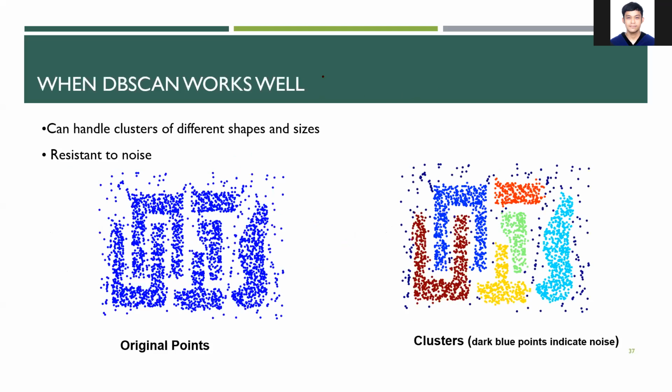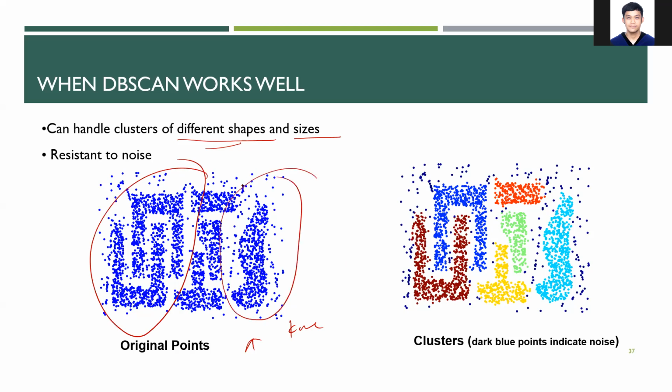A positive or advantage of DBSCAN is that it can handle different shapes and different sizes. If you try this data using k-means, the result will not be as good as this. Maybe they will put this in one cluster and this in another cluster, for example.